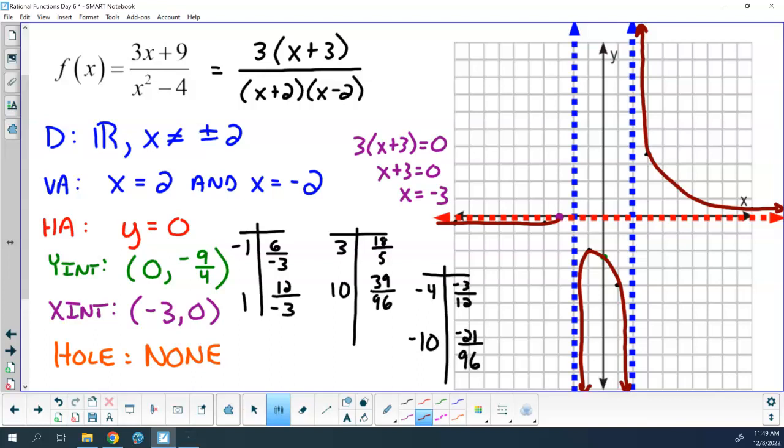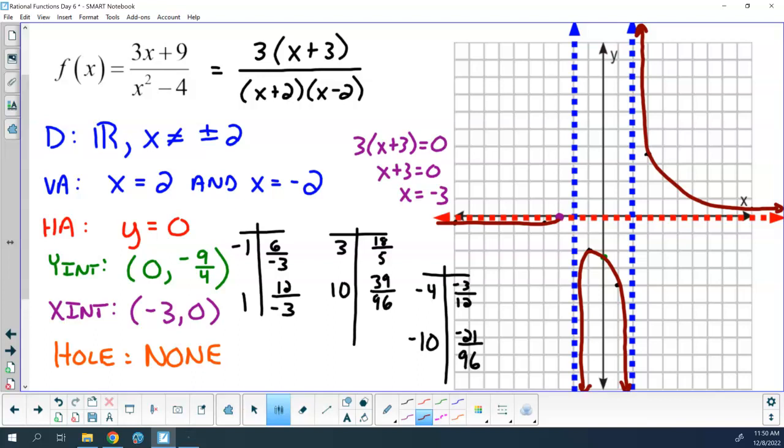Now, from my knowledge of Algebra 2, if it's going to bounce off of that and go down, this would have to be a double root, which means that on the numerator, I would have to have 2 x plus 3 factors. Do I have that? No. So it's a crossover.